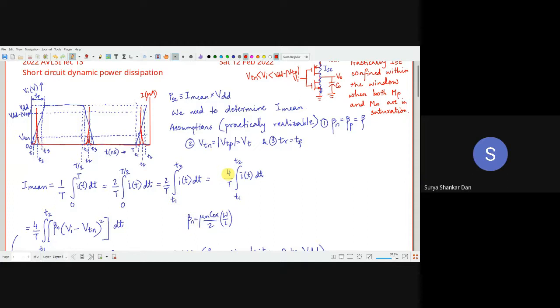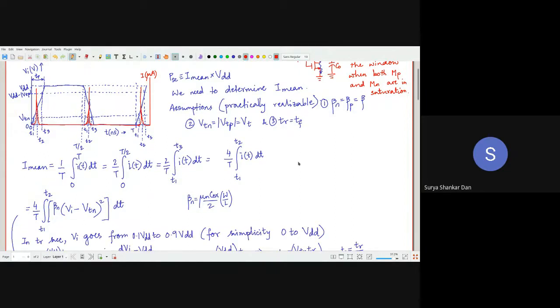So you can imagine what huge level of simplification we are doing. Okay, but this is at least good enough to give you a workable understanding about what to do to reduce the short circuit power. Okay, it's not the exact value which you will be getting in real circuits. T1 to T2.